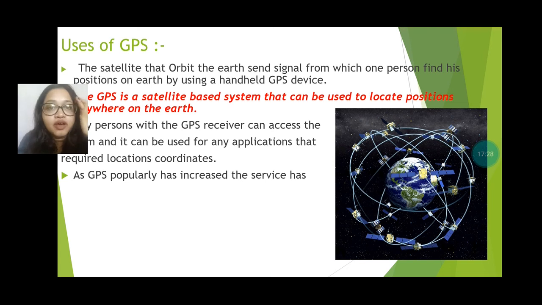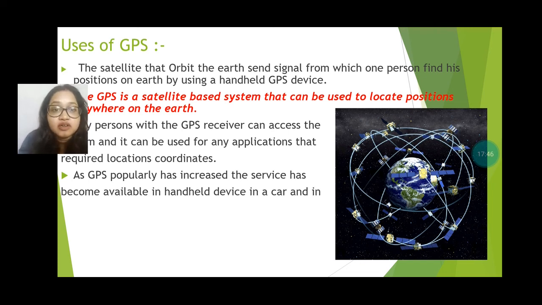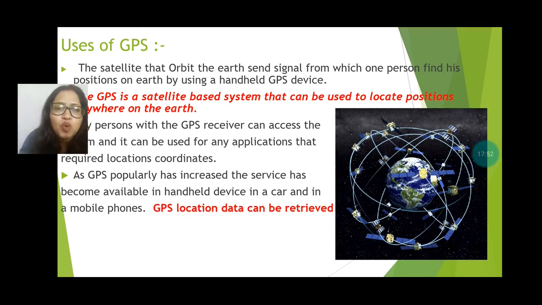Right now at our home, if you want to order food, you give the location of your home. And if you want to ride any Uber or any car, you give your location. Okay, so that is the use of GPS. And GPS services have become popularly available. It is a handheld device in the car, in the mobile phone.